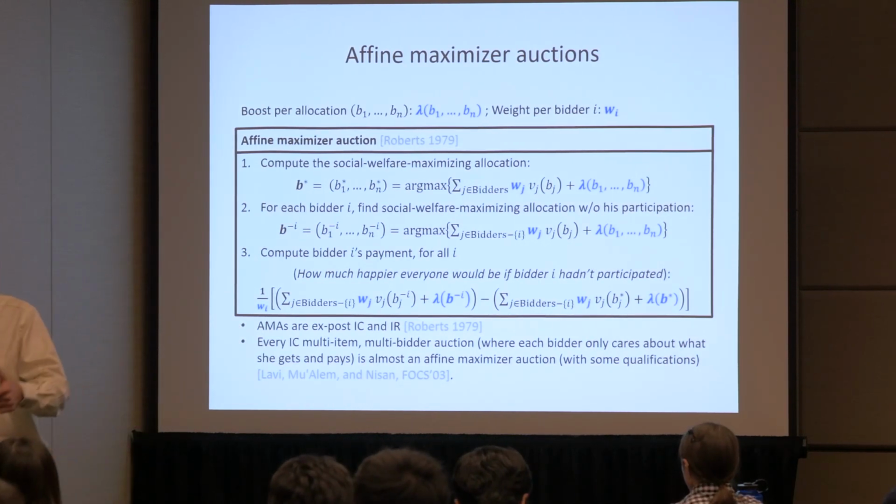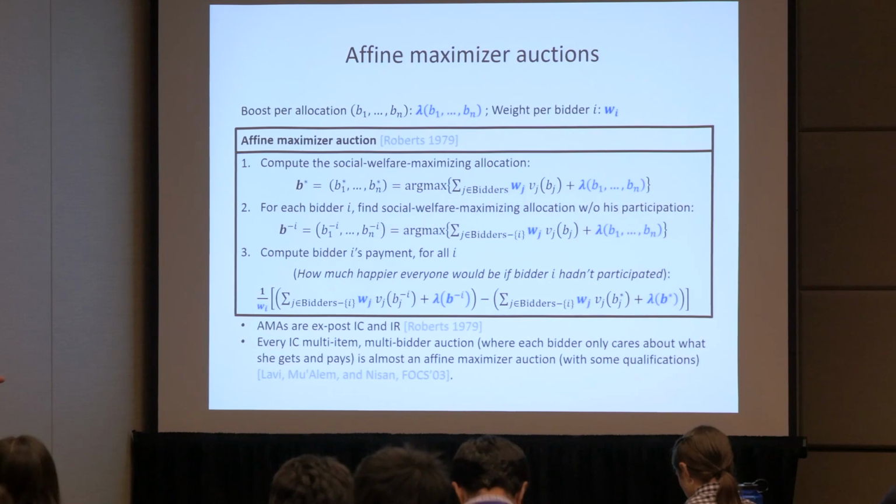One is that you need a kind of an independence of irrelevant alternatives assumption and unlimited valuations assumption. So it sounds really true. There are combinatorial auction mechanisms that are IC and IR, but are not affine maximizers, but not that many. So that's why we're going to focus on affine maximizers. And the real reason we're going to focus on affine maximizers is because we can do something with them. But these are kind of motivations. Any questions on this?